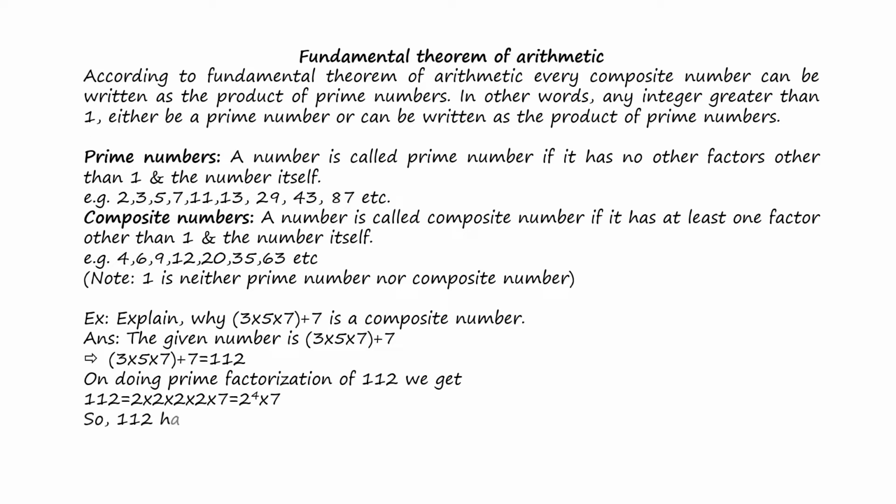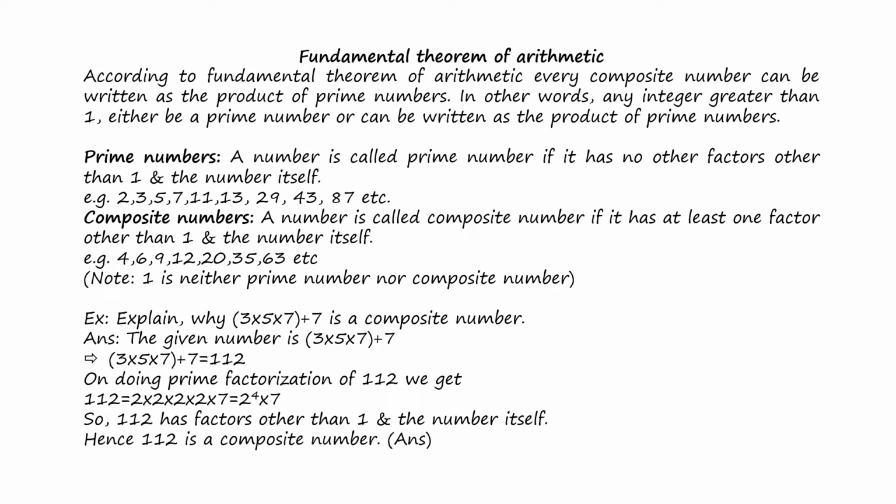That means it is clear that 112 has factors other than 1 and the number itself, and the factors are 2 and 7. So the number formed by 3 into 5 into 7 plus 7 is a composite number. Hence 112 is a composite number.